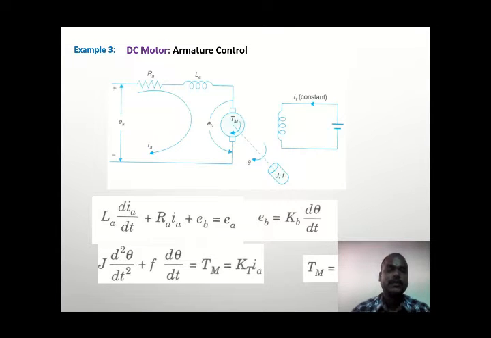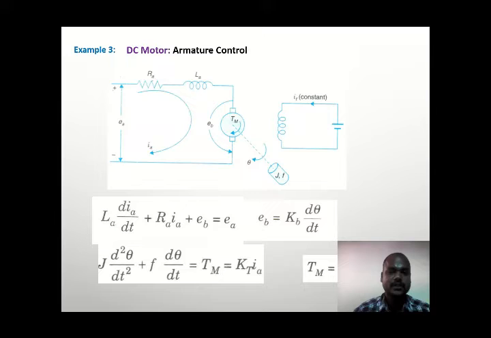And that is why we call it the armature controlled DC motor, because the torque here can be obtained by varying this input voltage Ea in the armature, and there is another kind of arrangement for the motor, but for now we are seeing this armature control. Looking at the shaft dynamics, we can see here J d square theta by dt square plus f d theta by dt equals the torque.